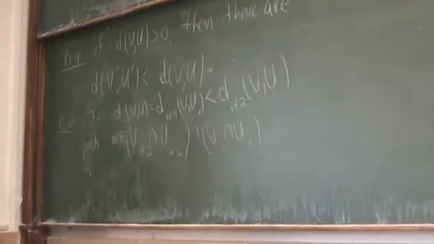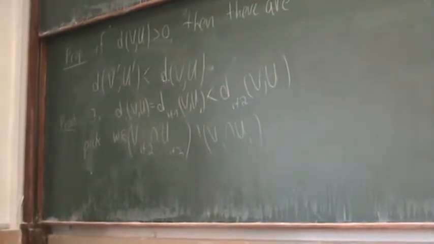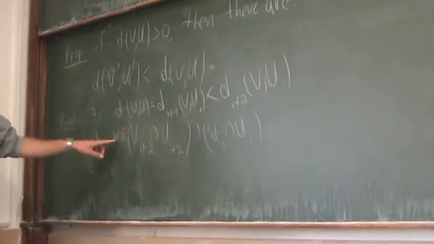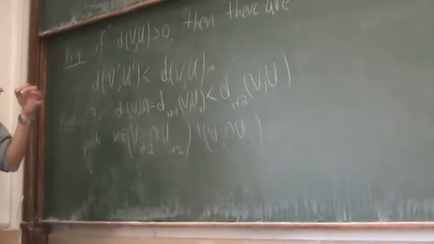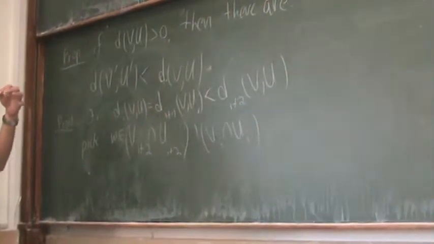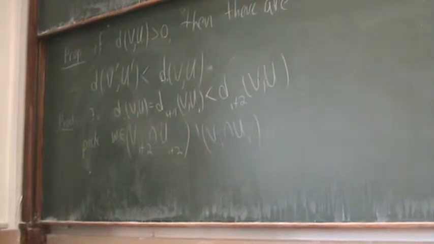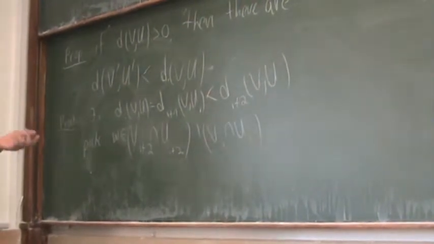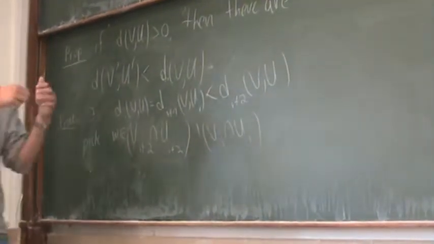And then basically what we want to do is we add W in the i plus 1 dimension. Instead of V_{i+1}, we replace it with V_i and W. Okay, right there.